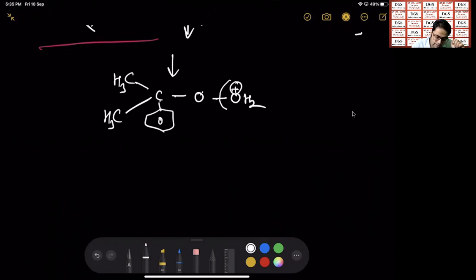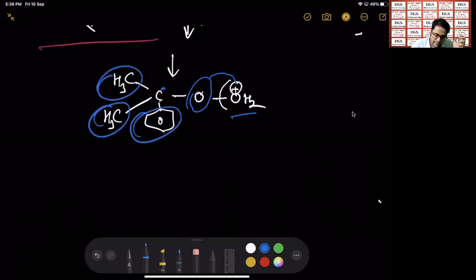This oxygen will try to acquire the positive charge left over by this H2O. We can observe a rearrangement: the positive charge will be taken over by this carbon, and one of these three groups will be migrated onto this oxonium sort of ion. Fine, because O plus is there.